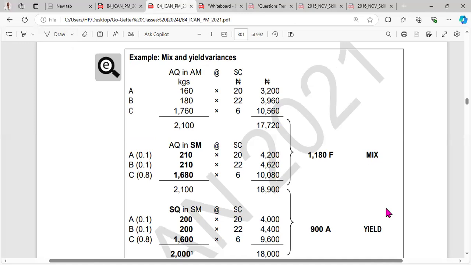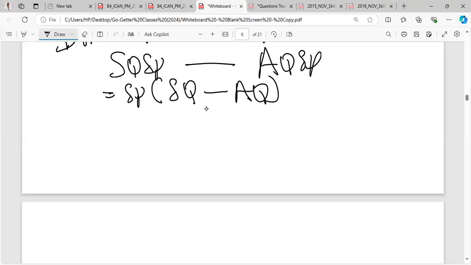So we can say yield, then mix. Still standard price, standard price.